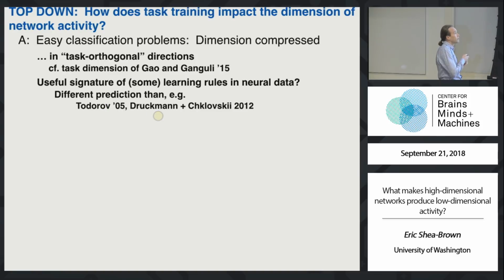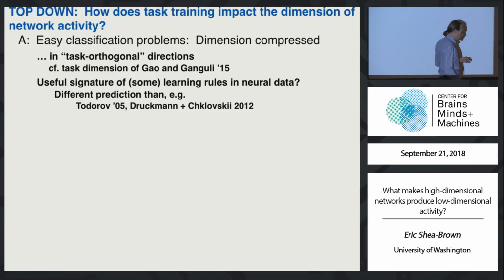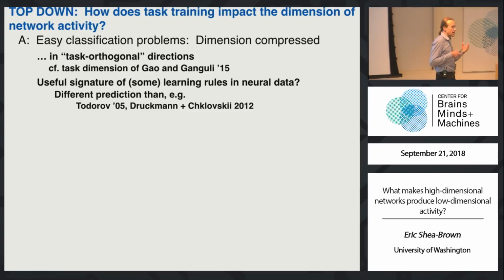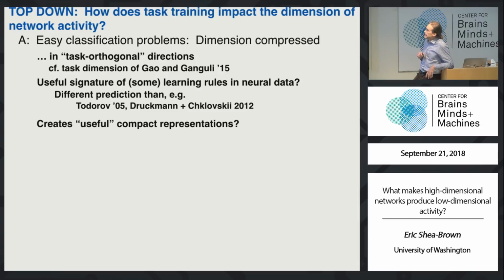If you look at work by Todorov and colleagues about optimal control, or alternative network construction schemes from Druckmann, Chklovskii, and colleagues, you'll see that there are some ways of constructing or learning networks that will leave alone high dimensional representations in the orthogonal space. This is maybe good news in which this dimension could be a useful signature of what is and is not happening in terms of qualitative properties of learning rules.